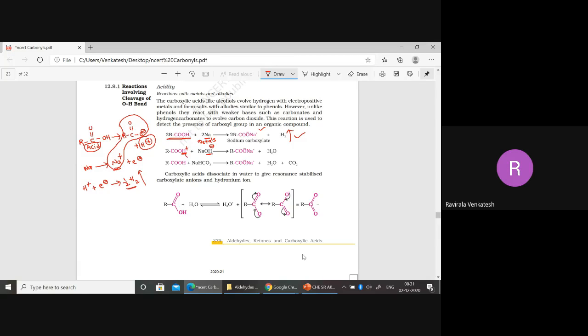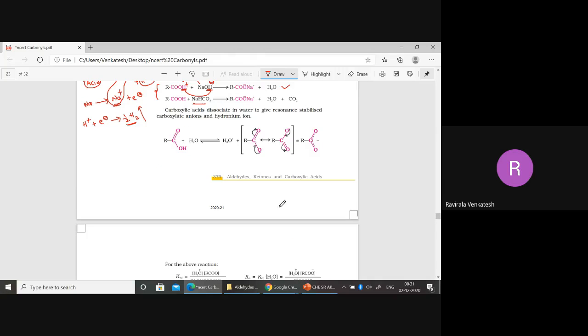These two combine to give water, and the Na plus will take the position here like this. So in a neutralization reaction, the acid releases H plus, the base releases OH minus, and we get water and salt. Similarly, we can do the same reaction with sodium bicarbonate. So these are the two reactions which take place with bases.